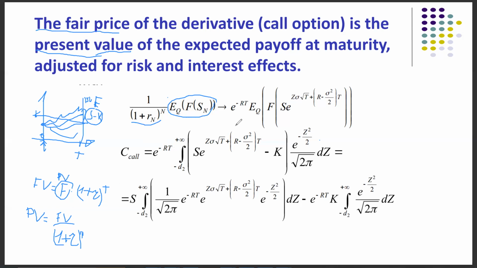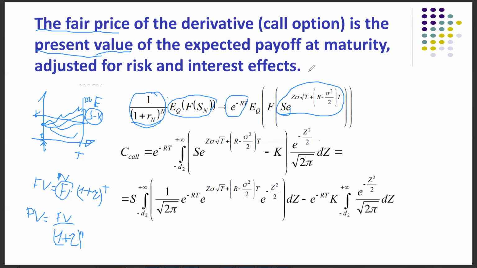If it is continuous time, we can rewrite the discount factor like this, for continuous compounding. The payoff is a function of S_T, and S_T is the solution of the geometric Brownian motion.